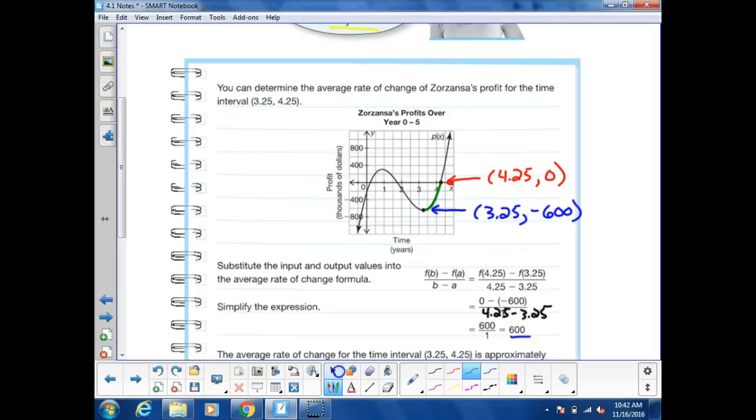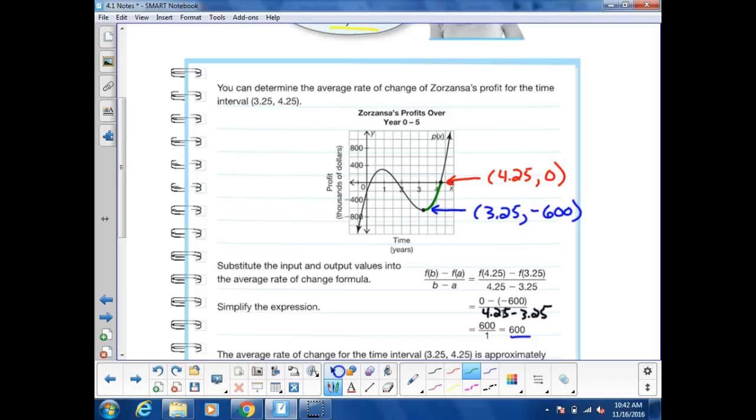Relate it back to you driving to school this morning. If your speed is increasing, what's happening? You're going faster, right? So your average is increasing if you are going faster.